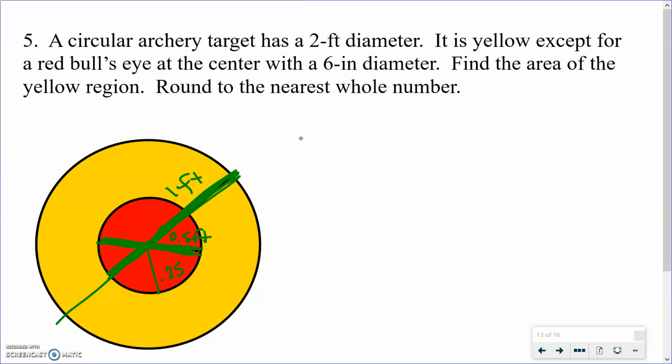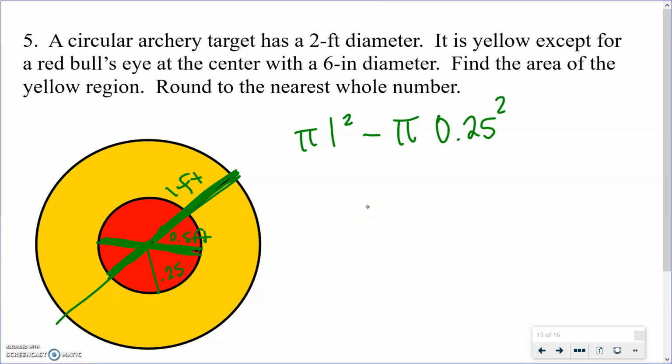So what we need to do is find the area of the big circle, and then subtract the area of the red circle. So we're going to do pi r squared, so pi times 1 squared, because that's the radius of the bigger circle, minus pi times 0.25 squared, and that's going to give us the area of just the yellow.